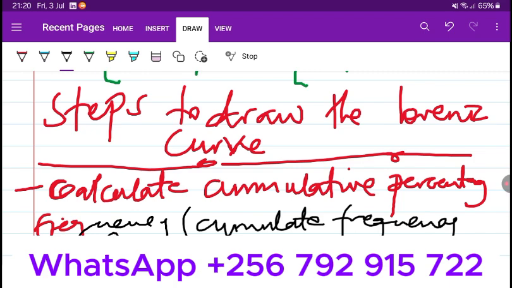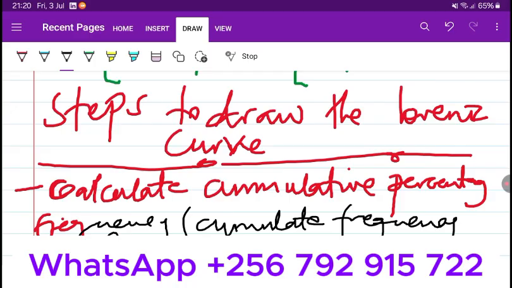In other words, we first draw the percentage frequencies, then we cumulate them. We get their cumulative values. That's how we get the cumulative percentage frequency.